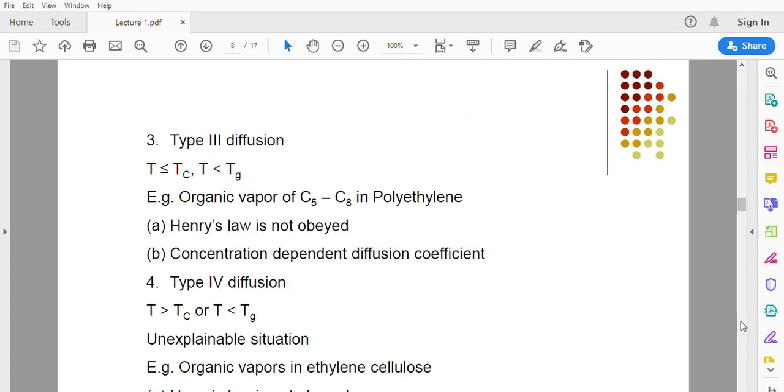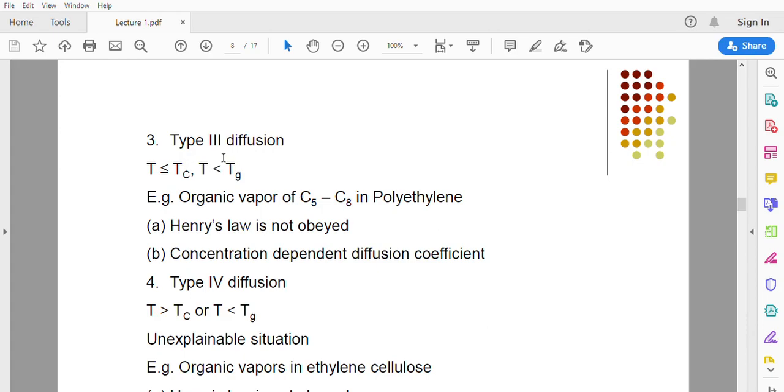Now the third condition. Suppose the environment temperature is below the critical temperature of the gas, and below the glass transition temperature of the polymer.